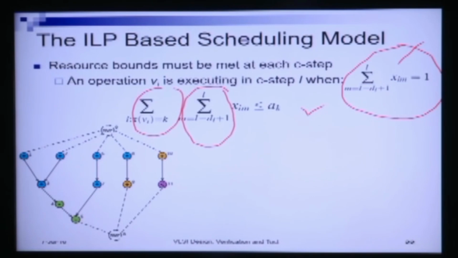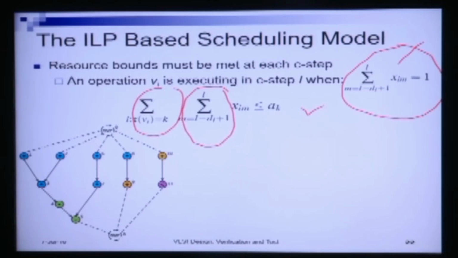That for each type of resource, the total number of nodes or operations that can be concurrently operating at this current time step is limited by at most AK. This is what this resource constraint tells me.